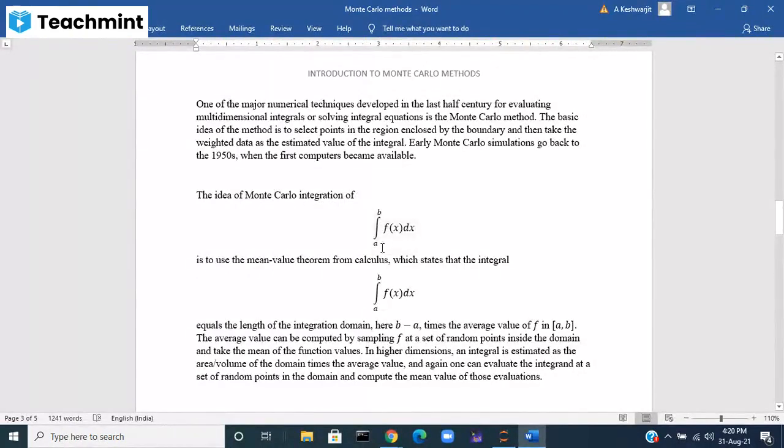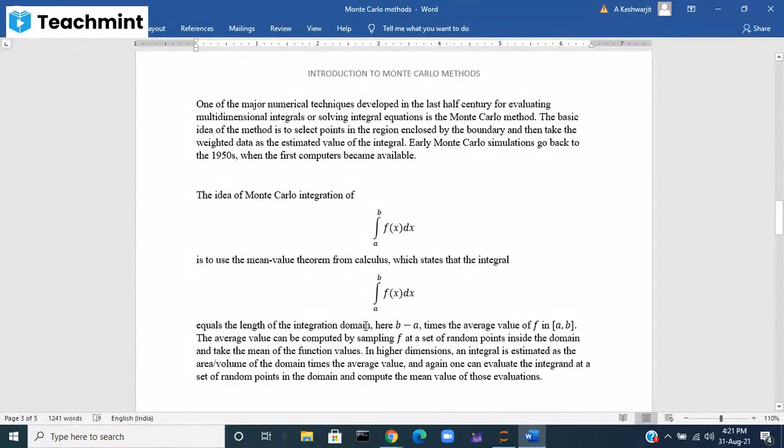The idea of Monte Carlo integration of the integral of f(x) dx from the limit a to b is to use the mean value theorem from calculus. What does the mean value theorem state? The mean value theorem states that the integral of f(x) dx from a to b equals the length of the integration domain.